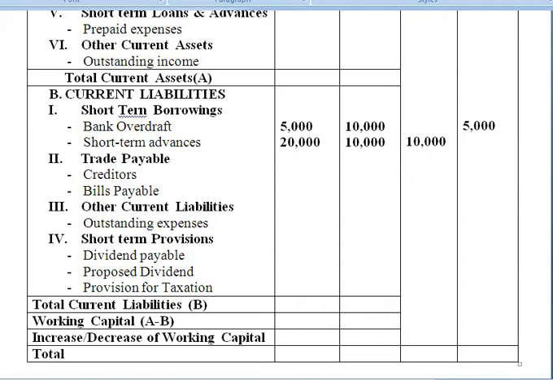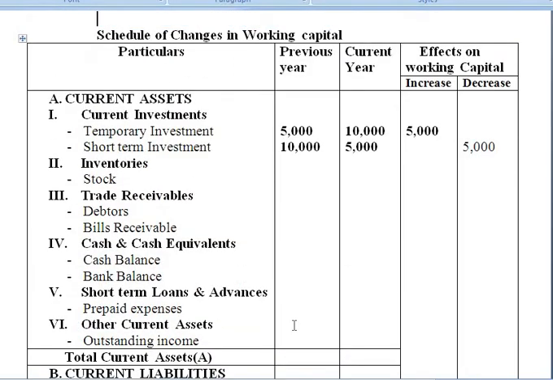This balancing figure will appear in the funds flow statement. So this is the first step in the preparation of the funds flow statement. I hope you understood how we can prepare the schedule of changes in working capital.